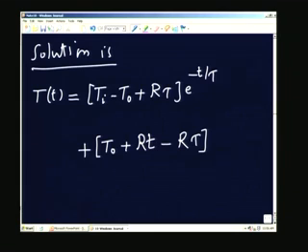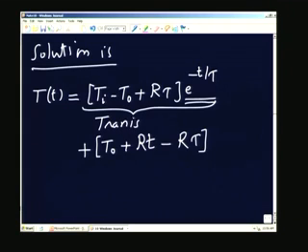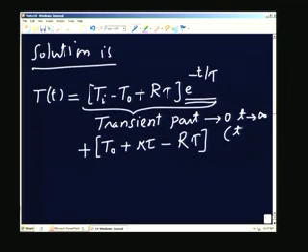So, if you look at the first term, there is an exponential term, and as t becomes larger and larger, this is going to become smaller and smaller. So, we will call this the transient part, which tends to 0 as t tends to infinity, which will be interpreted as t greater than tau, t very large compared to the time constant of the system.